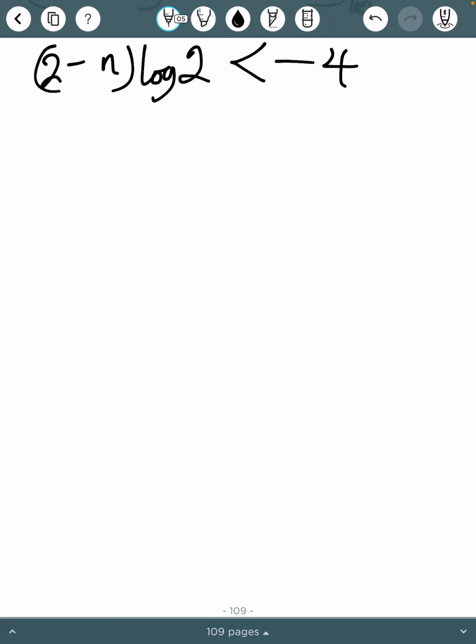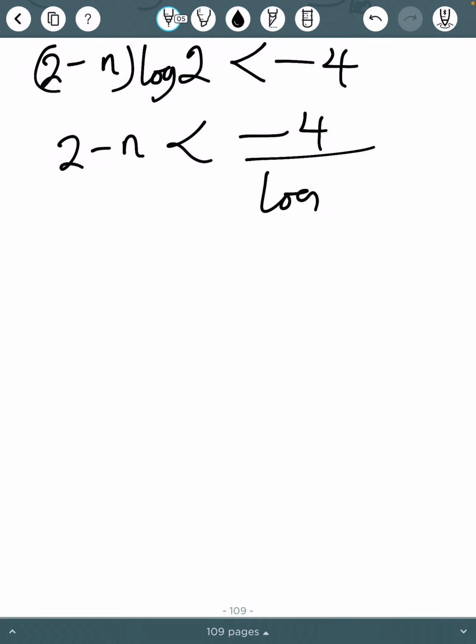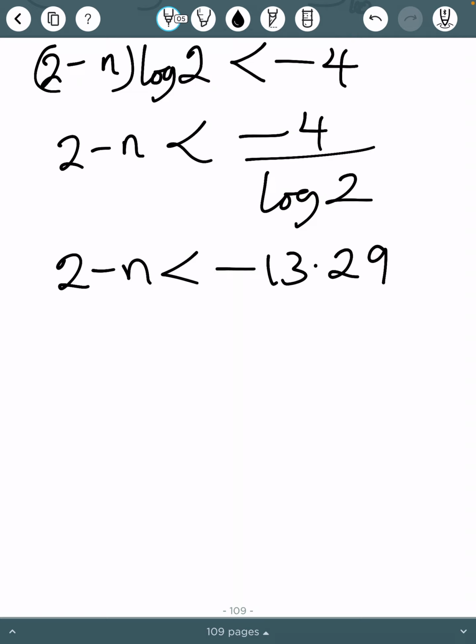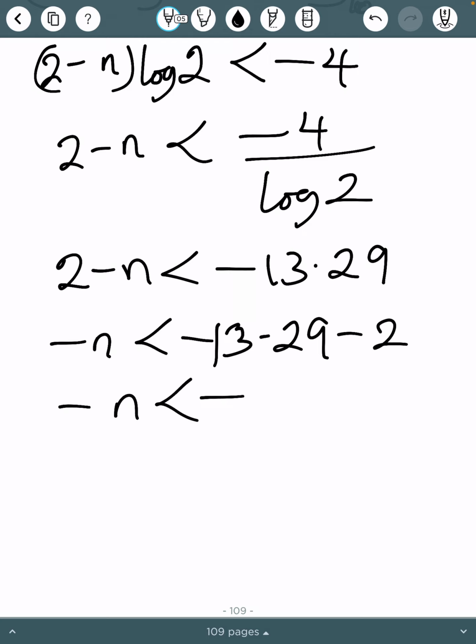So 2 minus n is less than minus 4 over log 2, which is minus 13.29. So minus n is less than minus 13.29 minus 2, minus n is less than minus 15.29. Use your calculator for that step.